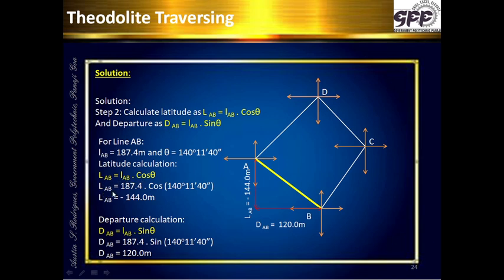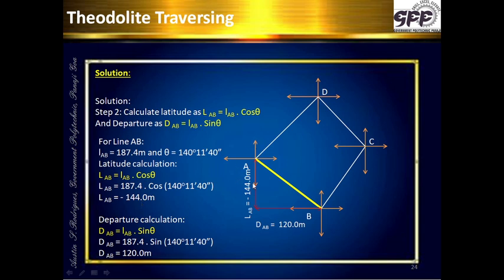So latitude of AB is equal to length, that is 187.4, multiplied by cos of 140 degrees 11 minutes 40 seconds. So solving this, we get latitude of AB is minus 144.0 meters.